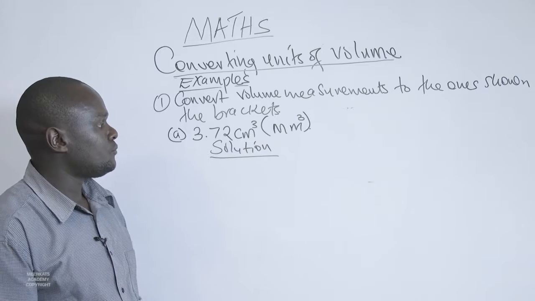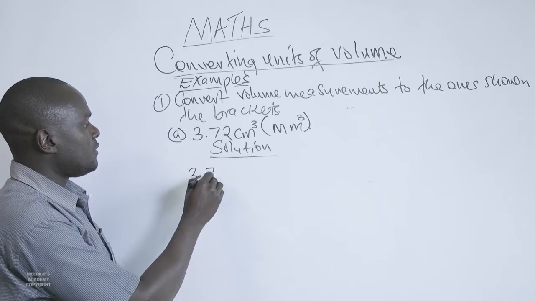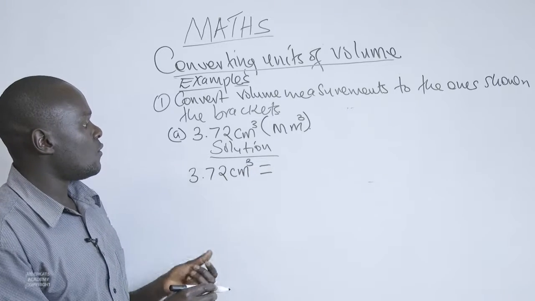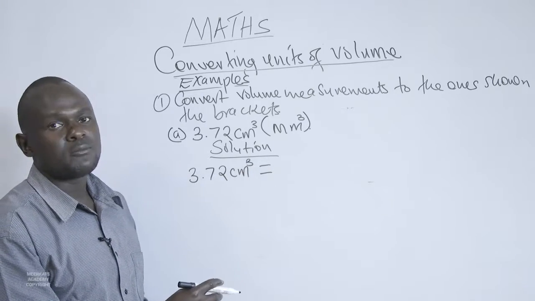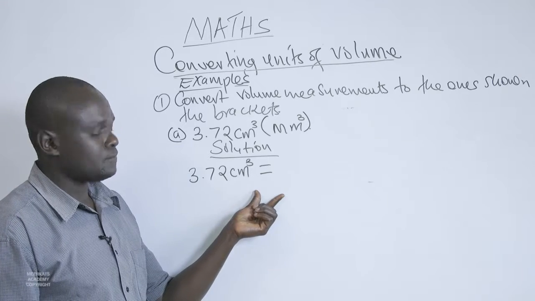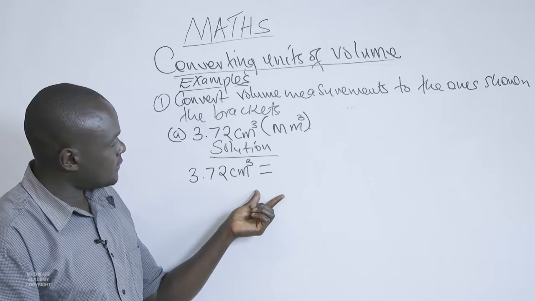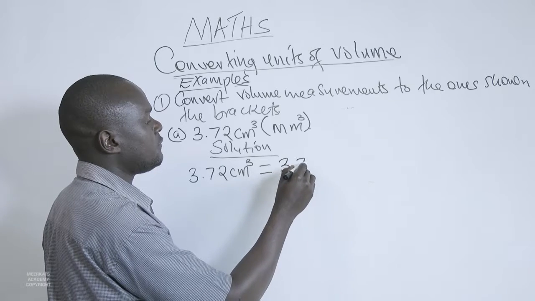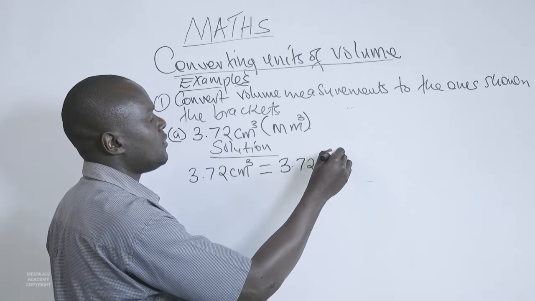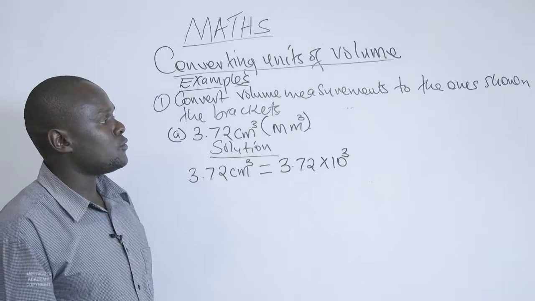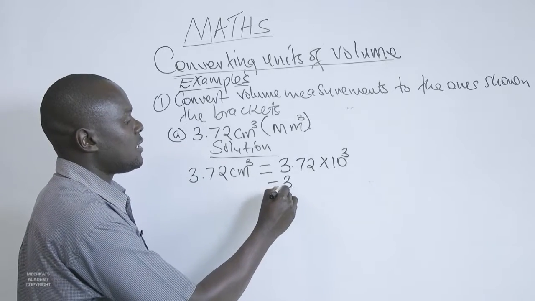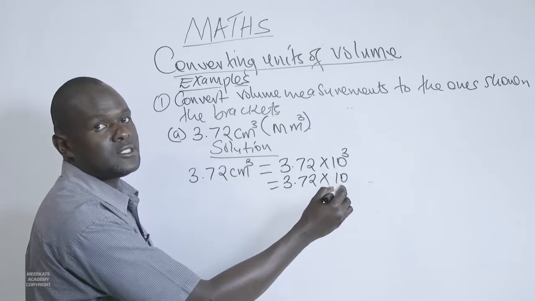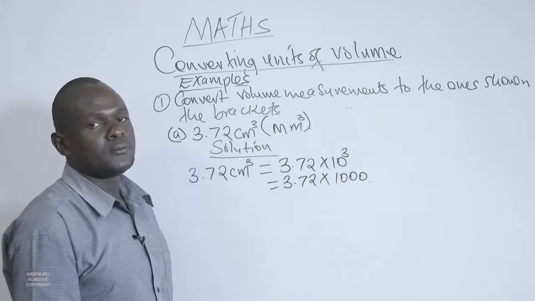So 3.72 cubic centimeters, when we want to change this to cubic millimeters, we multiply by a factor of 10 raised to power 3. This will be 3.72 multiplied by 10 raised to power 3. And we have just learned that 10 raised to power 3 is the same as 10 times 10 times 10, which is equal to 1,000.